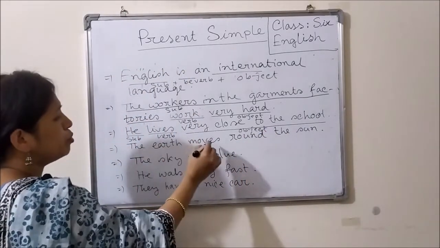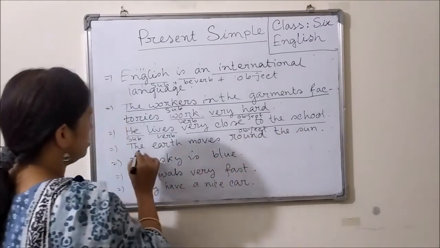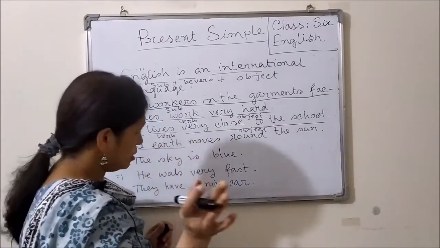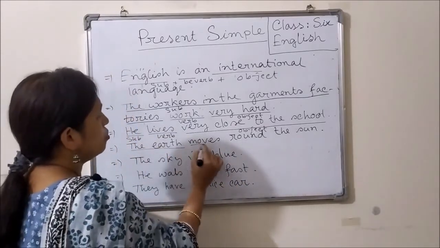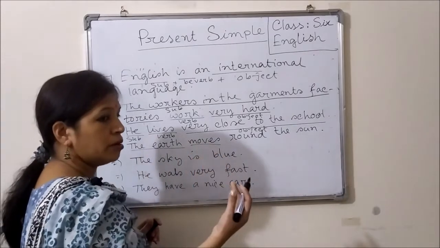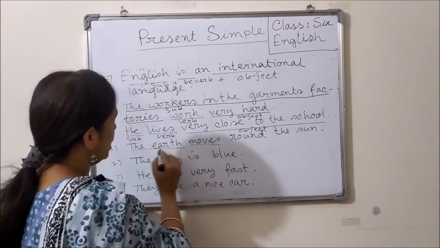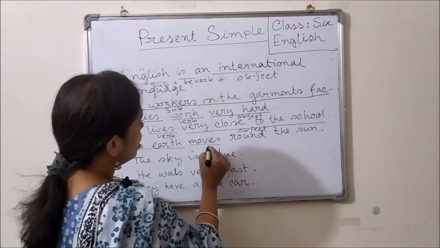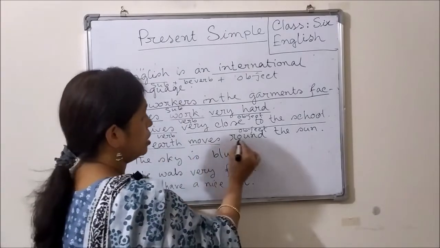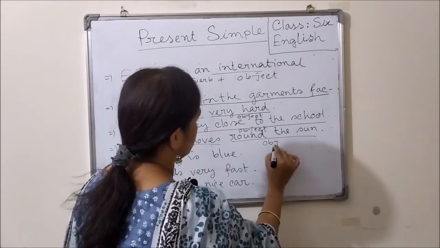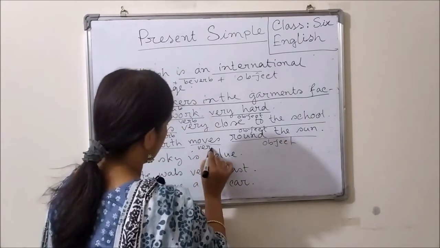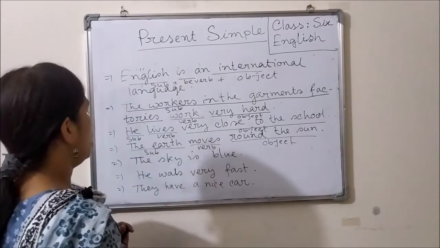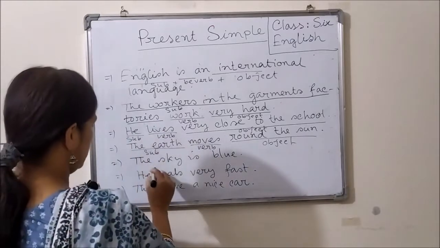Then, the earth moves round the sun. Similarly, this example also matches with the second structure. The earth is the subject, move is the main verb, the base form of the verb. As the earth is considered third person singular number, that's why we have used s after move. Round the sun is the object.